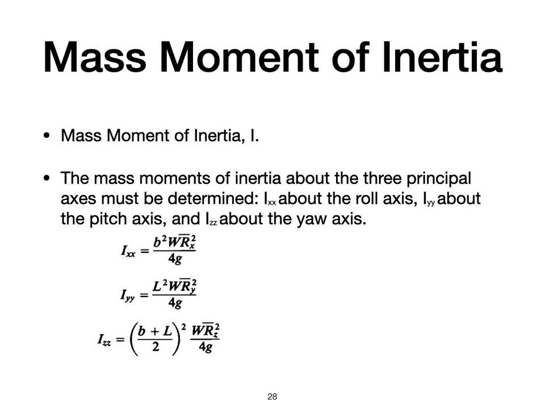Iyy about the pitch axis is given by L squared W Ry squared divided by 4g. And finally, Izz about the yaw axis is given by (B plus L) by 2 whole squared into W Rz squared divided by 4g.